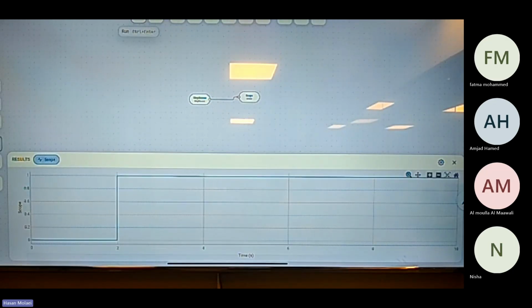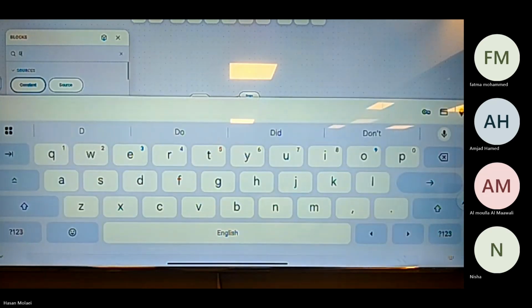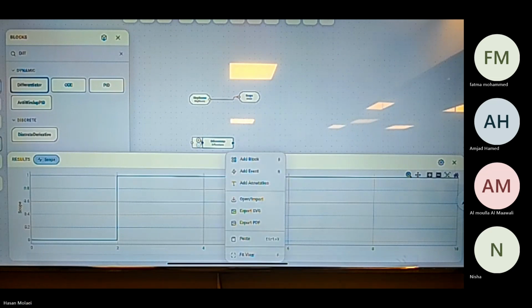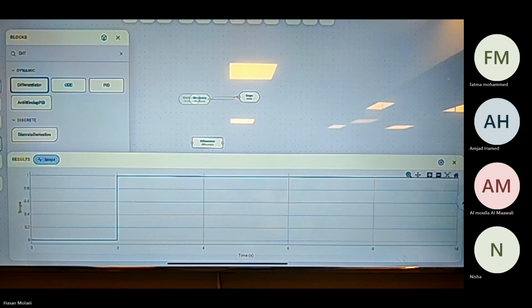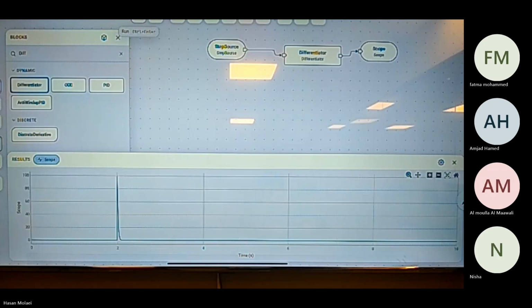Now, that is one unit step. Then how much is the area under this curve?